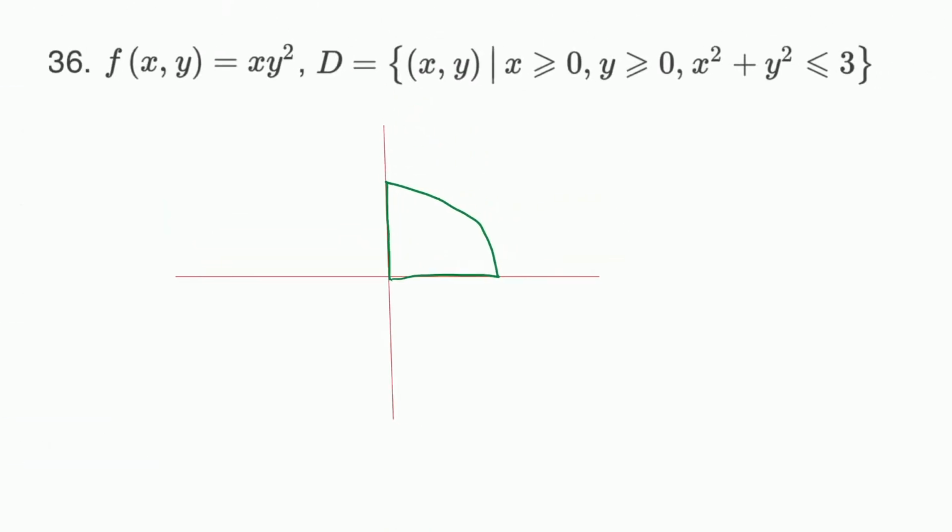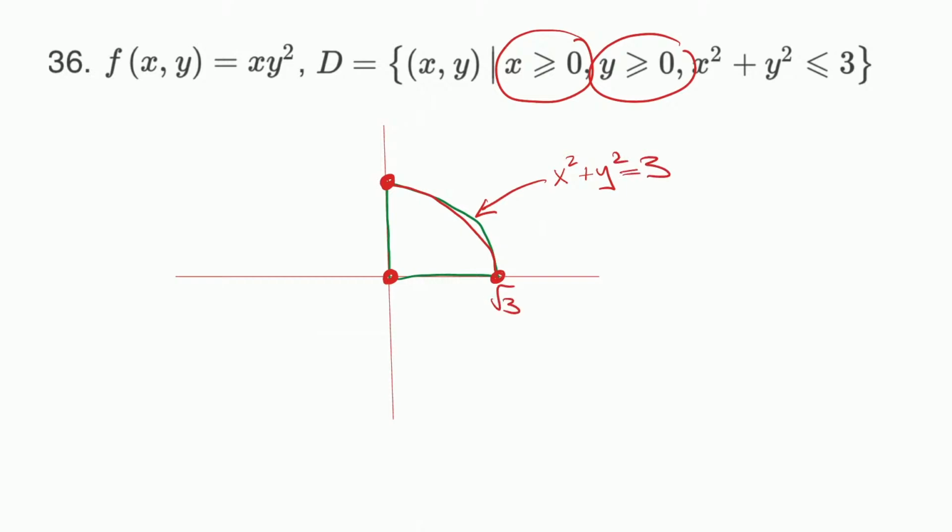Let's take a look at this one. This one was fun because of that curved portion. Notice that the region we're talking about is the numbers in the first quadrant. That's what x greater than or equal to 0 and y greater than or equal to 0 means. There's 3 obvious corner points. And then this is the only one that's a little bit weird. That is the curve x squared plus y squared equals 3.